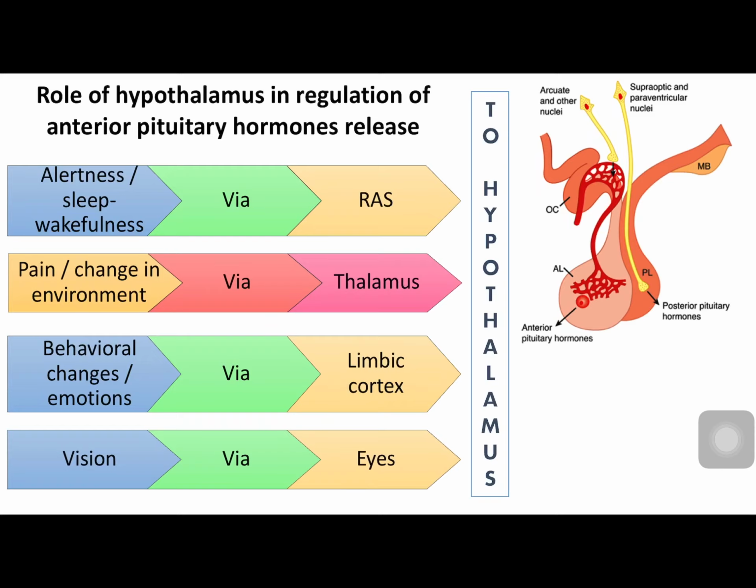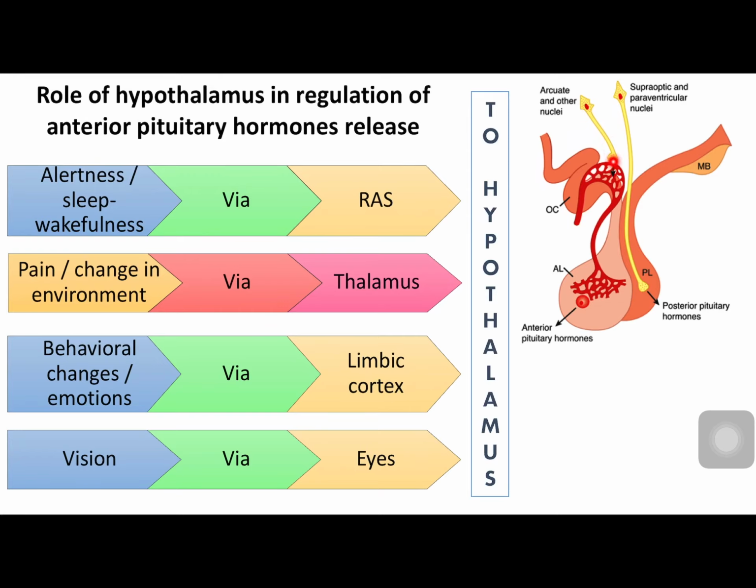Basically, they reach the hypothalamus in the suprachiasmatic region, the area just above the optic chiasma, which also includes the arcuate nucleus and other nuclei. This area contains neurons which are neurosecretory in nature. When all these impulses regarding alertness, change in environment, behavioral changes and vision reach the hypothalamus, they cause generation of nerve impulses in the neurosecretory neurons of the suprachiasmatic area.